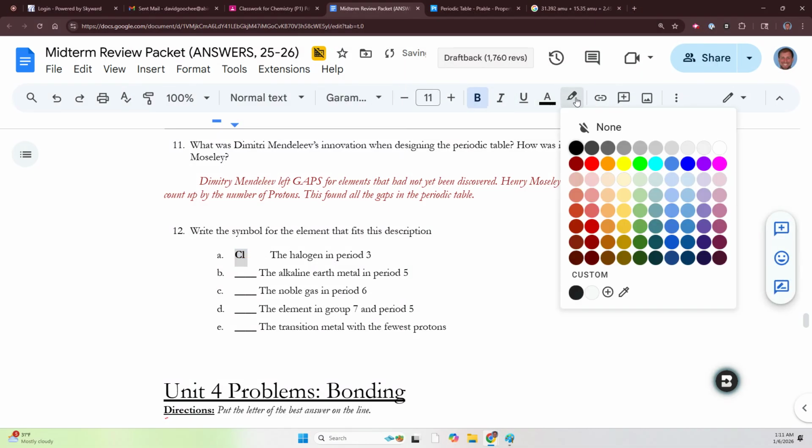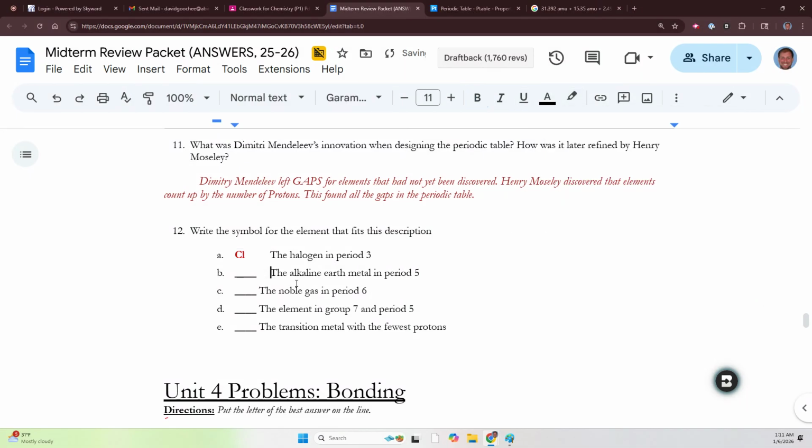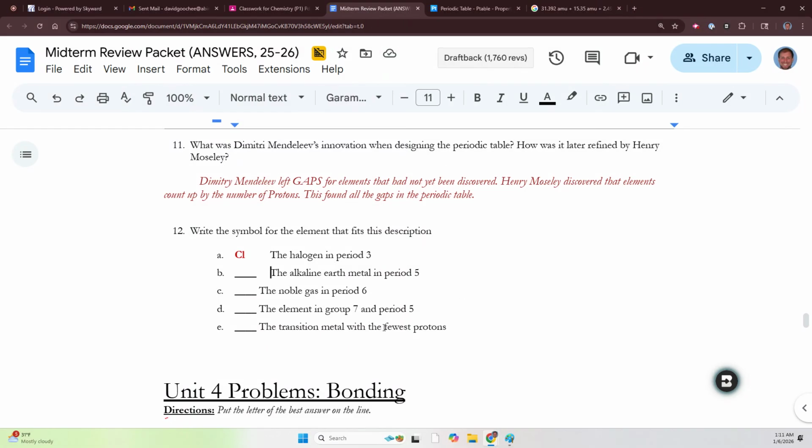Let's highlight that. There we go. Cool. All right. The alkaline earth metal in period 5. So the alkaline earth metal is the second column, and period 5 would be, there we go, strontium, element 38.